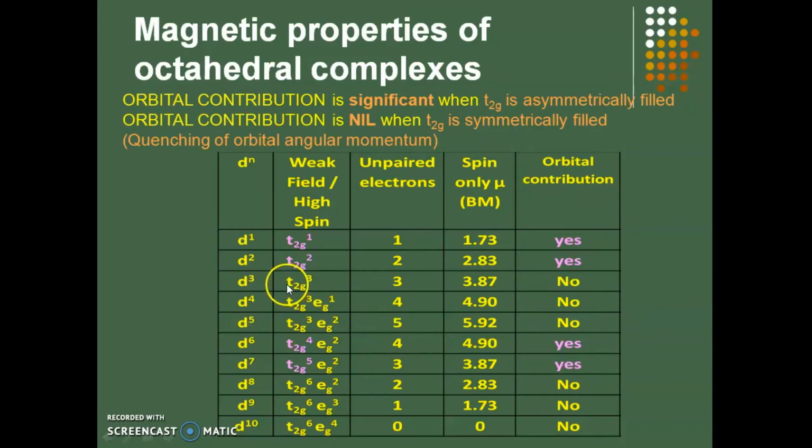When T2G is symmetrically filled as T2G3 or T2G6, as in all the other configurations, for example D3, D4, D5 and D8, D9, D10, in all these six configurations, in the high spin state, there is no contribution from the orbital angular momentum. We say that orbital angular momentum is quenched in all these six cases.